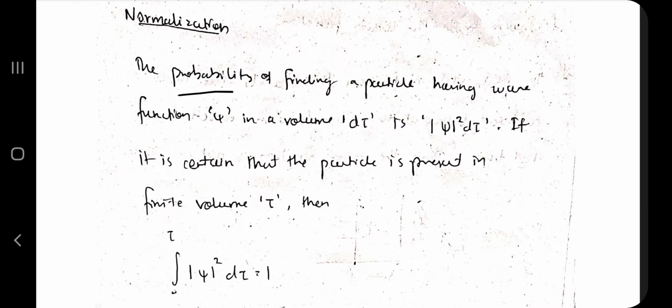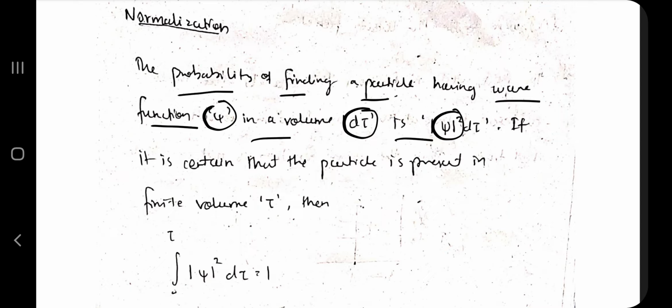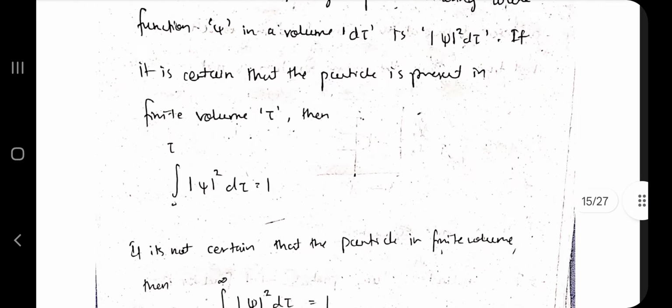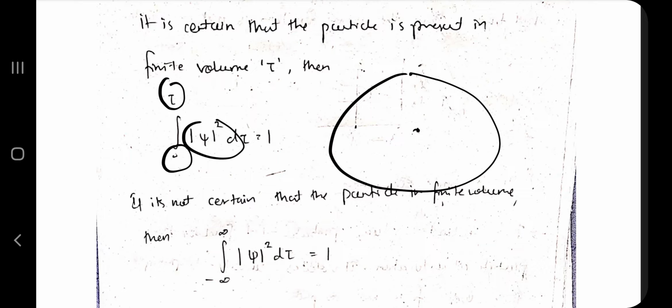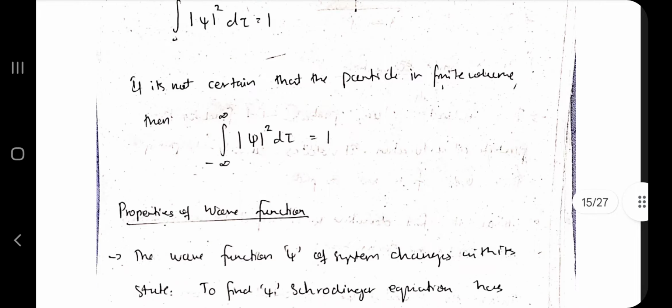Normalization means the probability of finding a particle having wave function psi in a volume d tau is equal to the square of psi into d tau. If it is certain that the particle is present in the finite volume, then the integration from 0 to tau should become 1, because we know for certain that the particle exists. If it is not certain, then the limits will be from minus infinity to infinity.